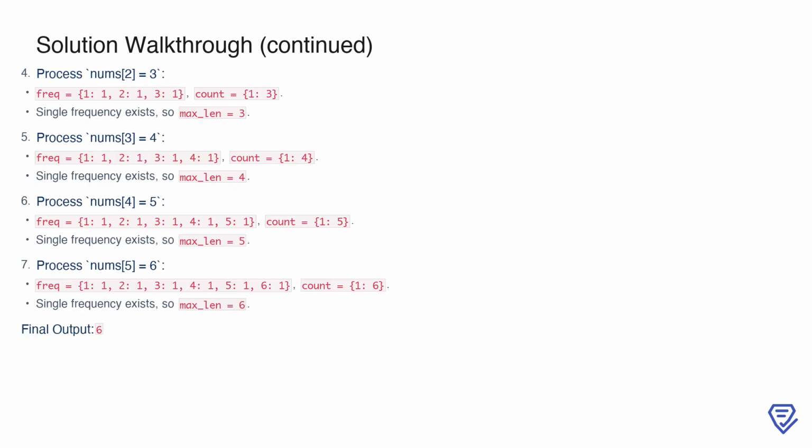The single frequency allows max_len to reach 5. Finally, processing the sixth number, 6, updates frequency to {1: 1, 2: 1, 3: 1, 4: 1, 5: 1, 6: 1} and count to {1: 6}. With all numbers still having the same frequency, max_len becomes 6. The final output for this example is 6.